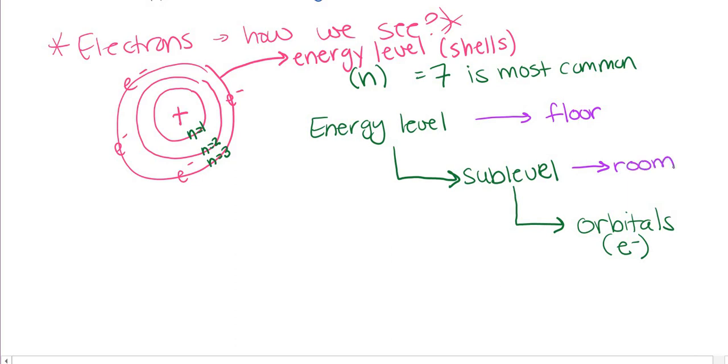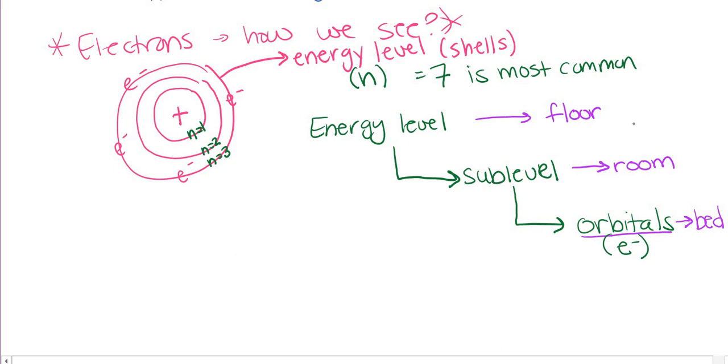But where do we find all the people when they're in the hotel? In the hotel room, which is our orbital. And within the orbital, we have a bed. The orbital is going to represent the bed, and in the bed is where you're going to find the person sleeping.